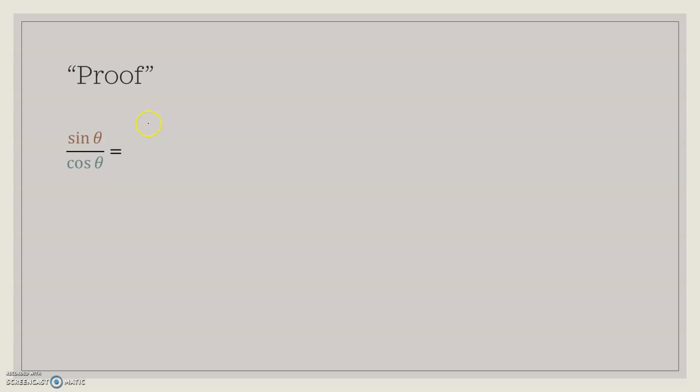Well, sine of theta is going to be the opposite leg divided by the hypotenuse. That's supposed to be a fraction. I'll maybe write it better, because it's supposed to be a fraction.